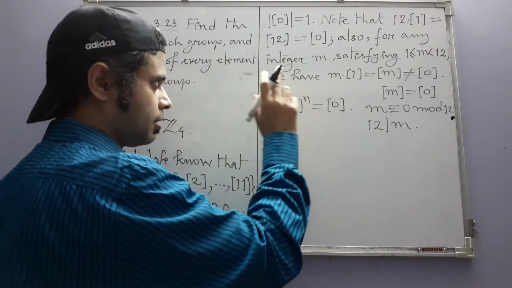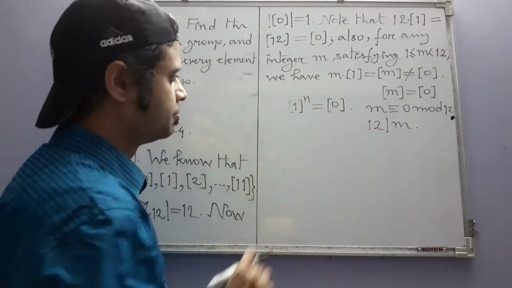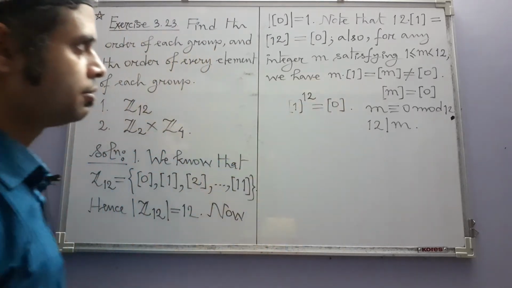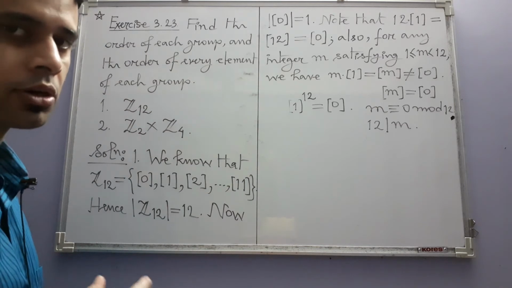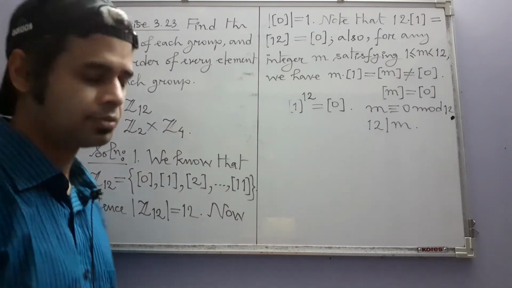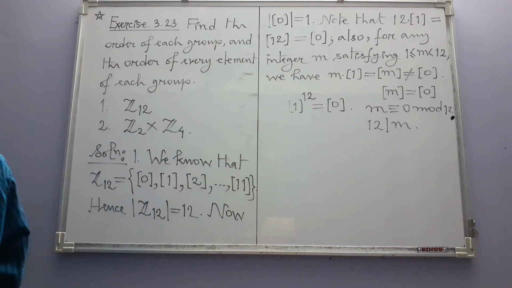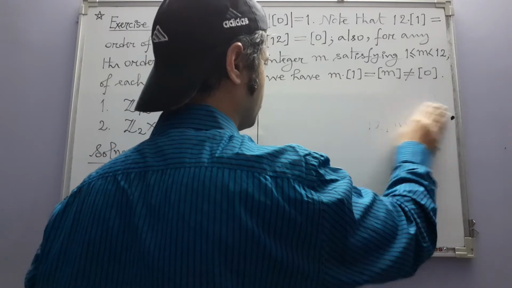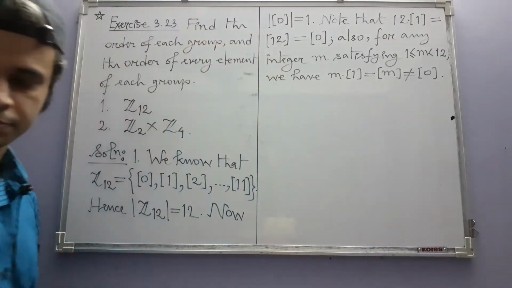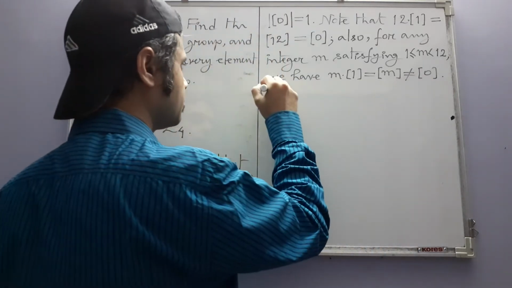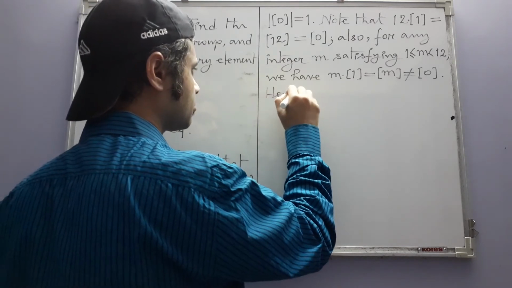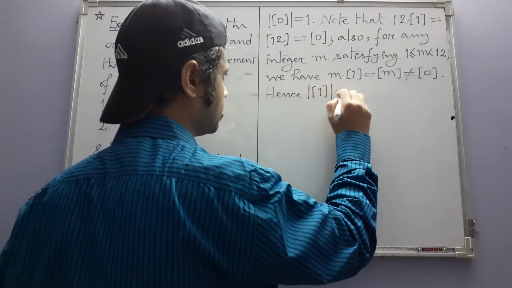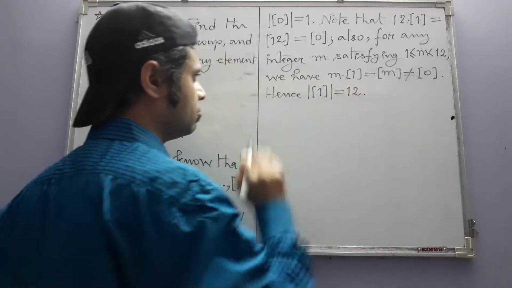That is why the order of the congruence class 1 is 12. Hence, the order of the congruence class 1 is 12.